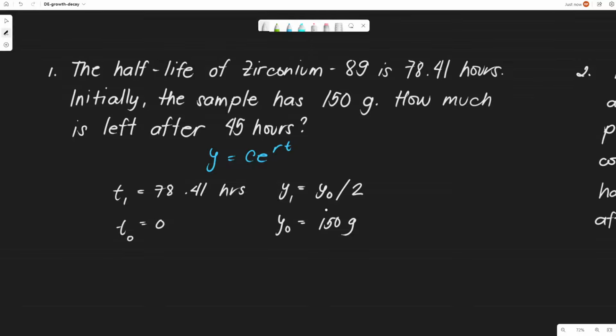We already have y sub 0 is 150. 150 divided by 2, that is 75 grams. How much is left after 45 hours? So this is our t2, 45 hours.